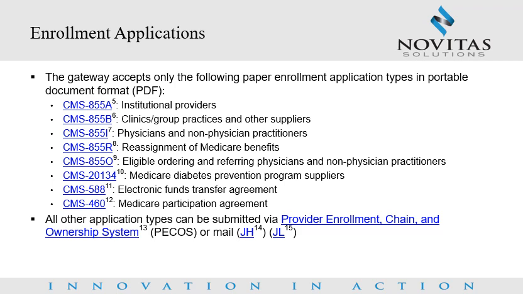CMS 855A Institutional Providers, CMS 855B Clinics, Group Practices, and Other Suppliers, CMS 855I Physicians and Non-Physician Practitioners, CMS 855R Reassignment of Medicare Benefits, CMS 855O Eligible Ordering and Referring Physicians and Non-Physician Practitioners, CMS 20134 Medicare Diabetes Prevention Program Suppliers, CMS 588 Electronic Funds Transfer Agreement, and CMS 460 Medicare Participation Agreement.